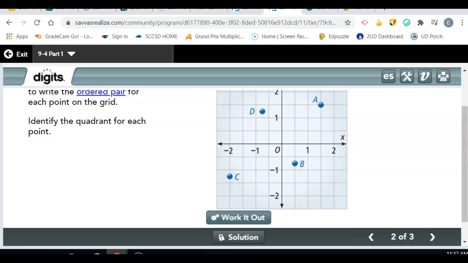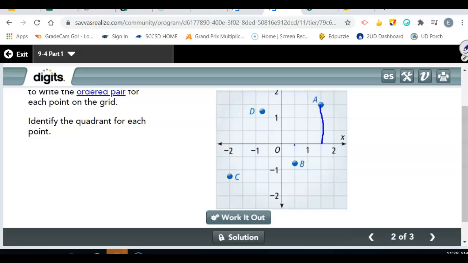So let's go ahead, and the first one, let's do A together. What would the ordered pair for A be? We're going to write the ordered pair right next to the label A. Where is A located on the x-axis? Chris? If you bring A down to the x-axis, each line is worth a half.